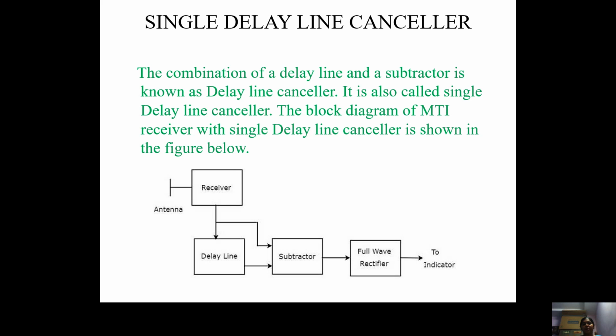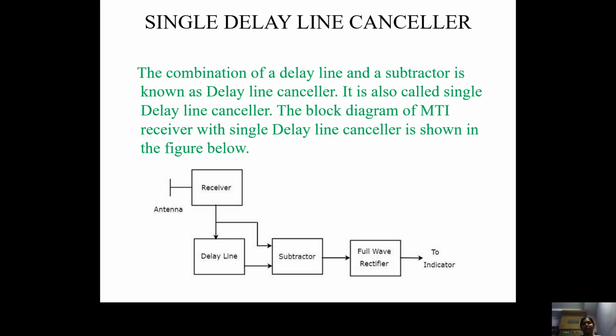The receiver section will be modified into two sections. One is for allowing only the video signal, which is the same received echo signal. The other one will undergo one time delay, which is equal to the period of the pulse signal, given by TP.